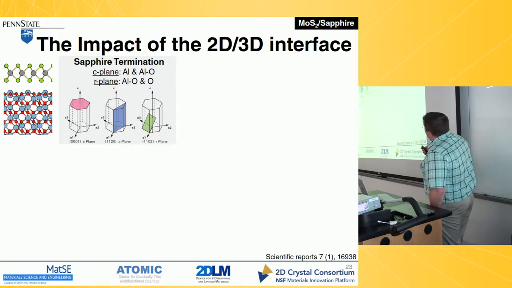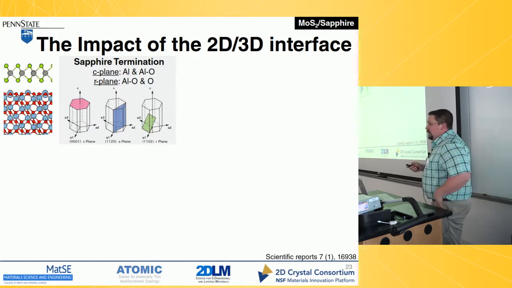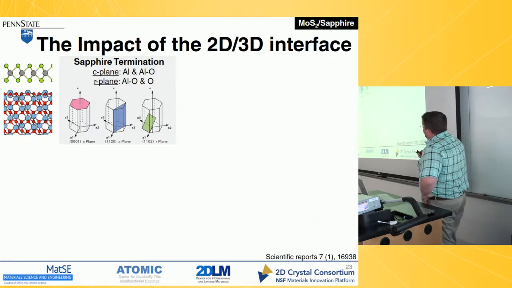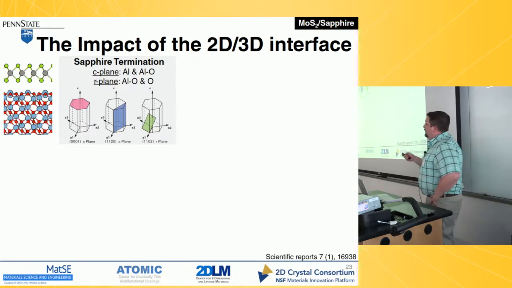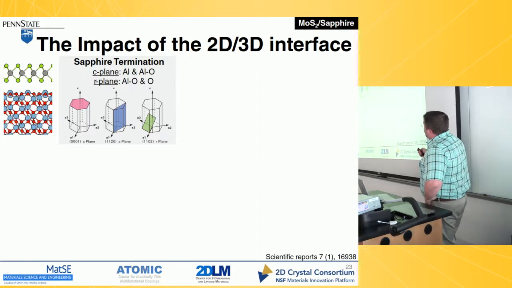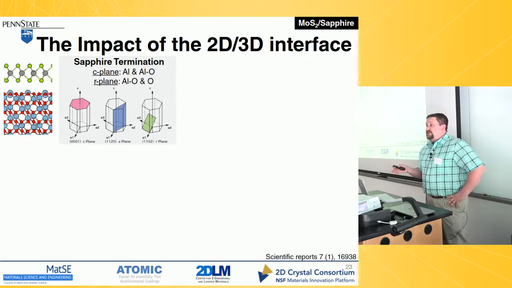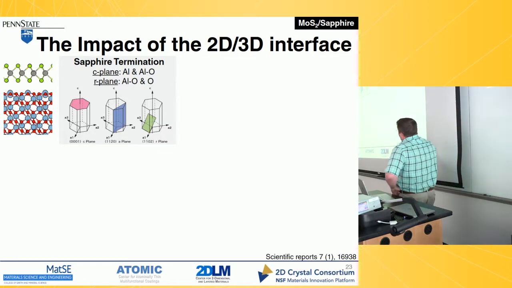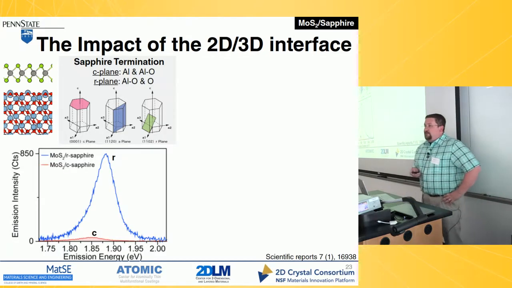And in fact, what we did was just change the substrate for the 2D material growth, and not even change the chemistry, just change the orientation of the sapphire we were growing on: C-plane sapphire versus R-plane sapphire. They have different chemistries on the surface. One is more oxygen-rich than the other. The R-plane sapphire is more oxygen-rich. So we grow MoS2 on C-plane and R-plane sapphire.